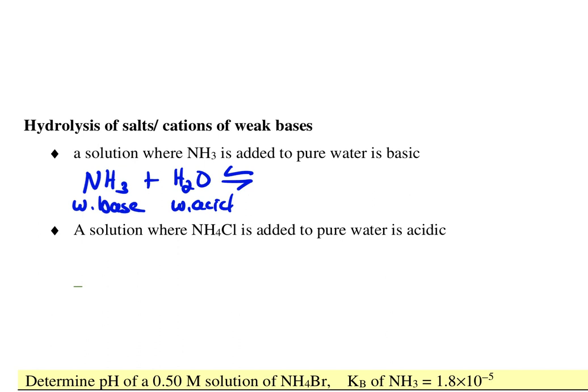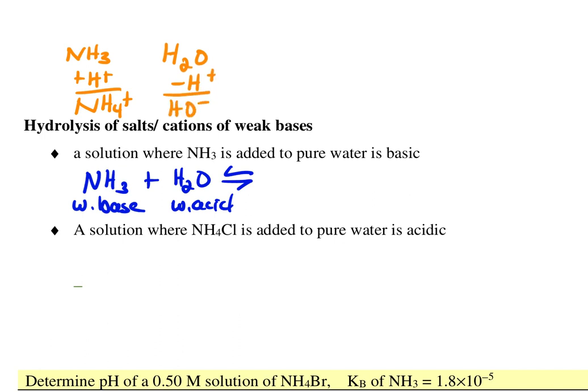We can predict our products, as we have to be able to do, by recognizing NH3 as a weak base is going to accept an H+, so its conjugate acid is going to be NH4+. Water, as an acid, is going to donate a proton.